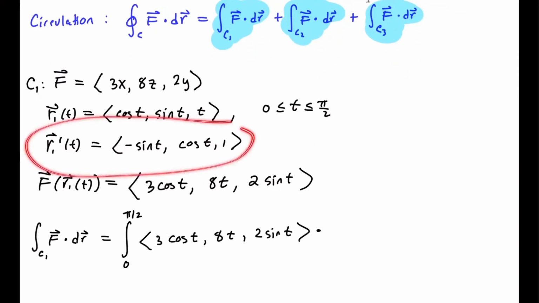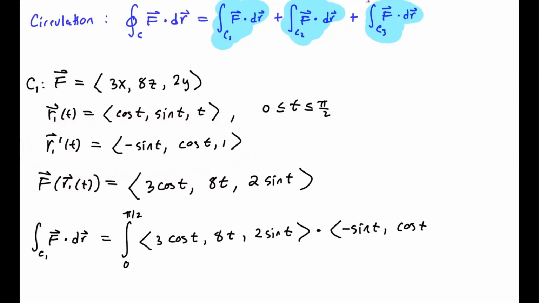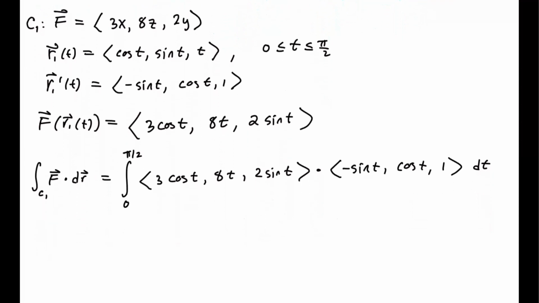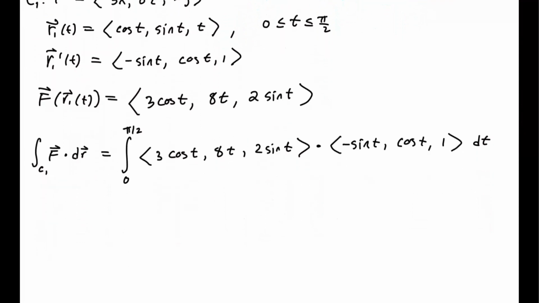R prime is right here, negative sine of t, cosine of t, and 1, dt. All right, so a bit tedious, but we can continue on. So we perform the dot product. We have the integral from 0 to pi over 2 of, so I'm going to do this times that.